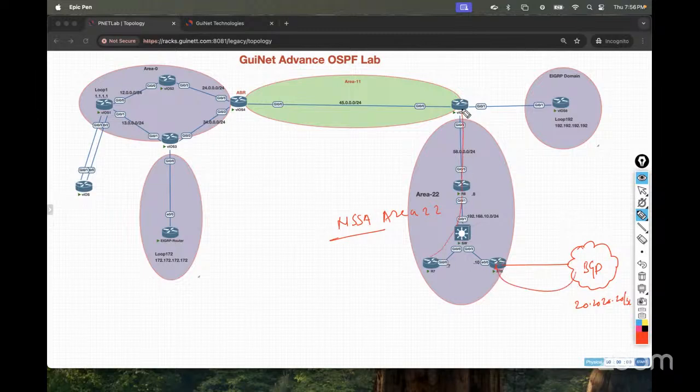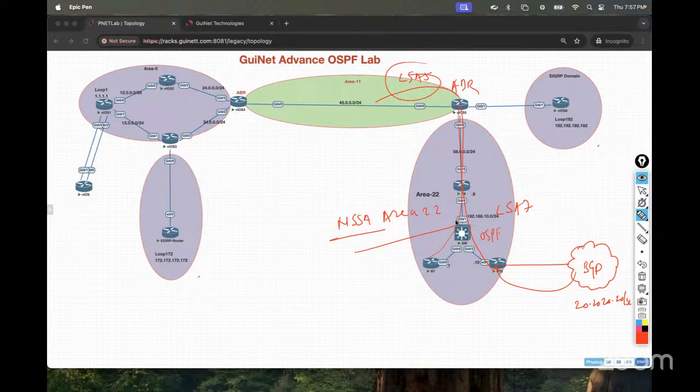Here we are running all OSPF, right? And you make that area an NSSA area. So it is always going to be generated as an LSA 7. But when it travels to another area, via your ABR, the ABR is going to translate it as an LSA 5.